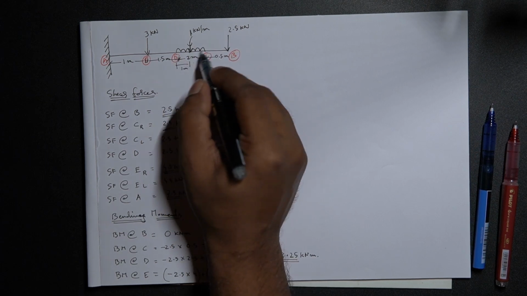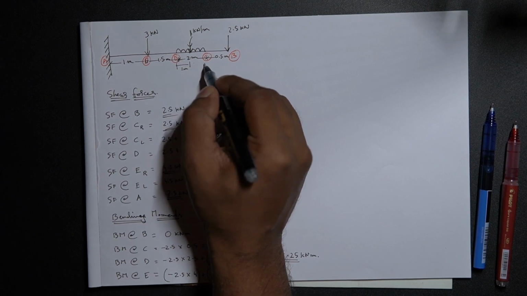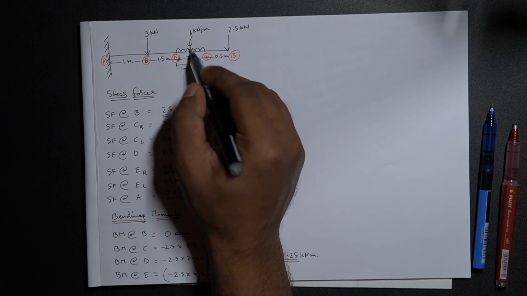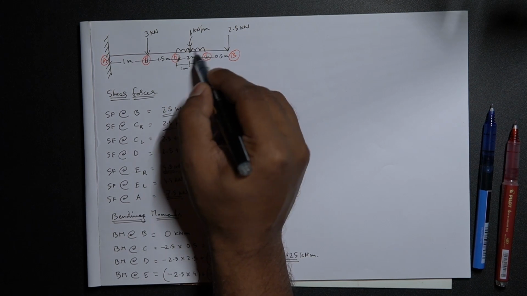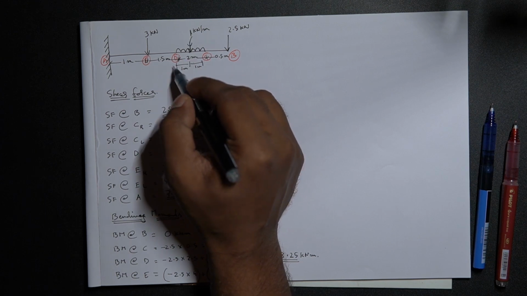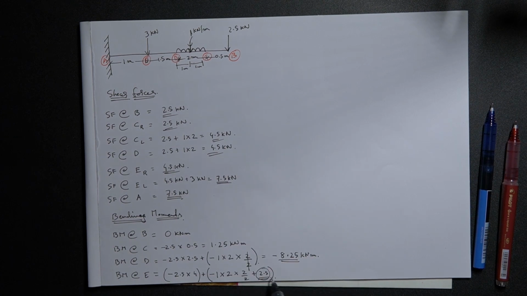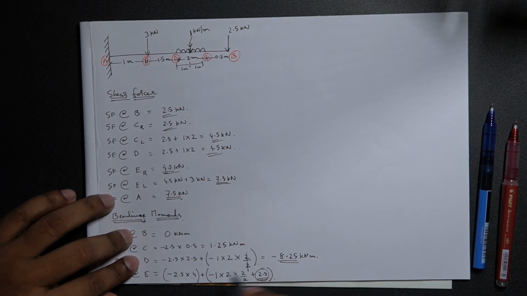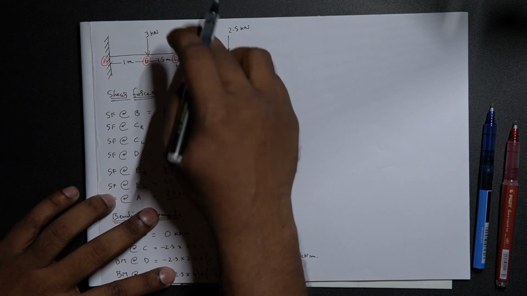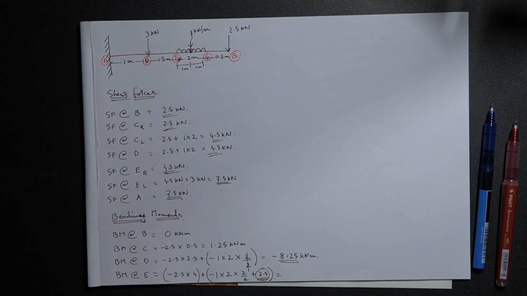It splits the span equally into two halves, in this case 1 meter and 1 meter. So the point load of 1 kilonewton acting at the center of this 2 meter span gives 1 into 1 plus 1.5. That is how we got the 2.5 value, and how we usually calculate the bending moment here.